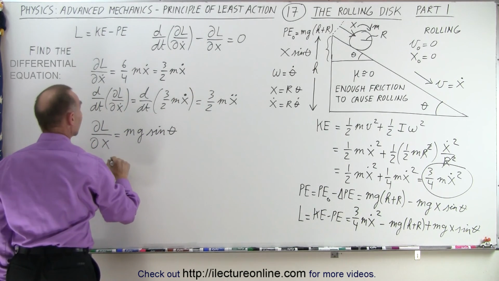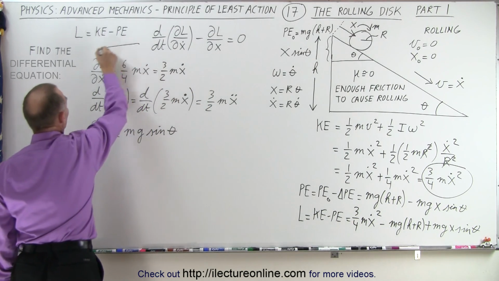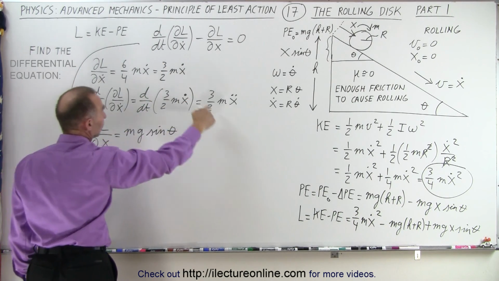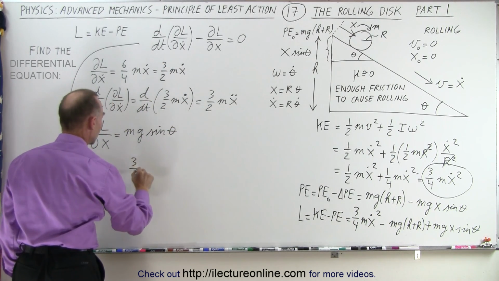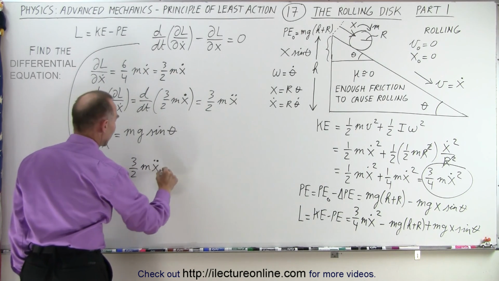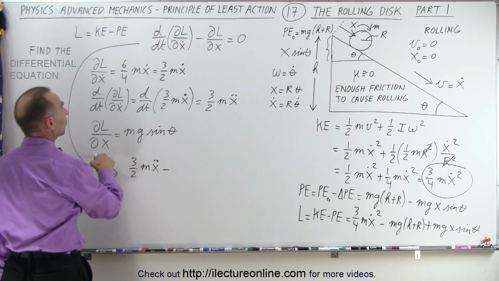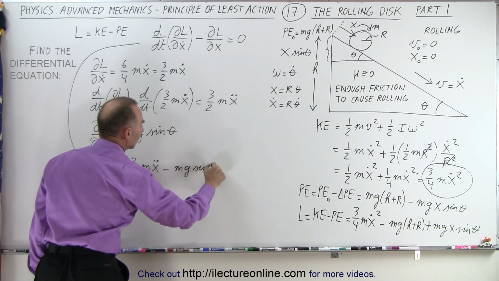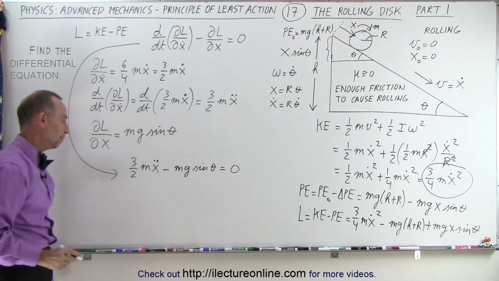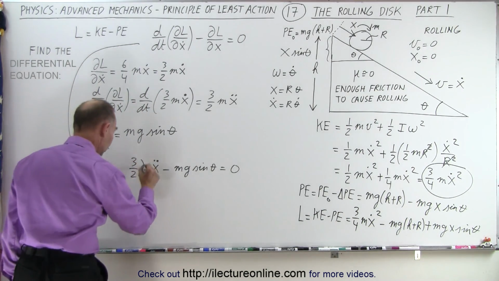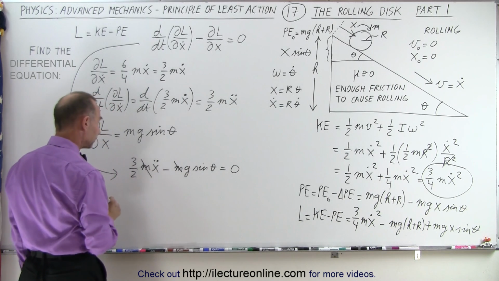So now we can write that the derivative with respect to time of the partial of L with respect to x dot is right here. That gives us 3 over 2 m x double dot minus the partial of L with respect to x, which is mg sine of theta. That must be equal to 0. Now we can see that we have an m on both of the terms. That disappears.